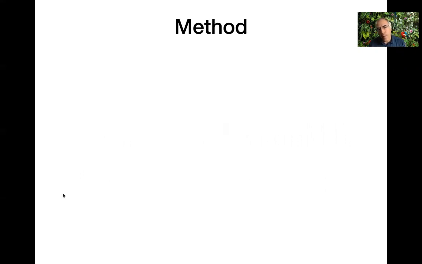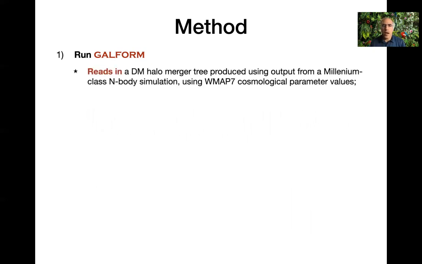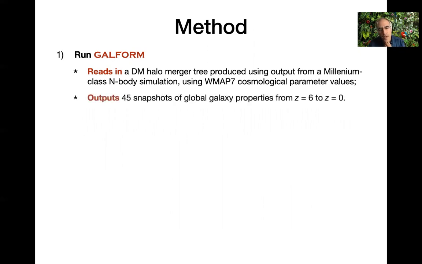The method of our approach is that we first run a semi-analytic galaxy formation model known as GALFORM, which reads in a dark matter halo merger tree produced using output from a Millennium class N-body dark matter simulation. From this we obtain 45 snapshots of the global galaxy properties from z=6 to z=0.